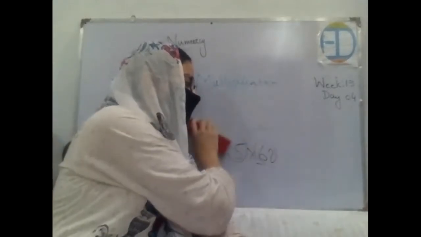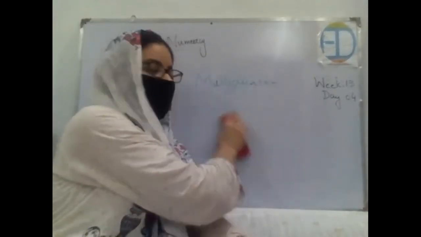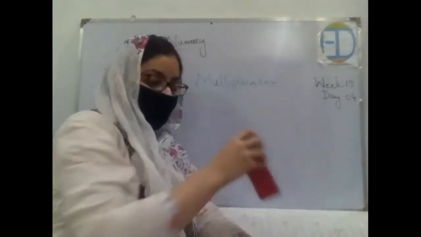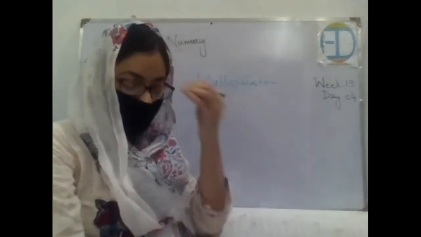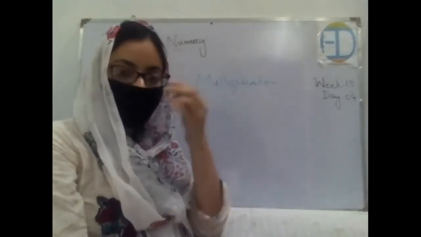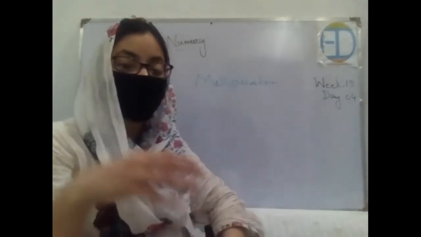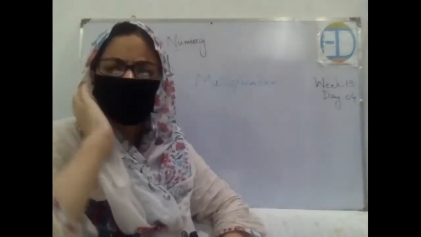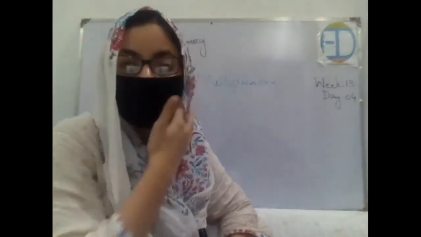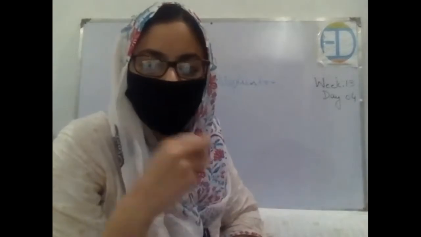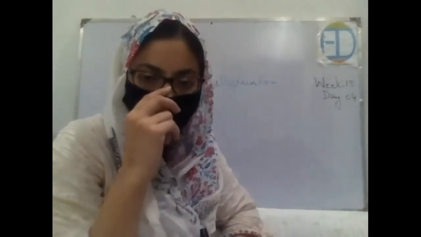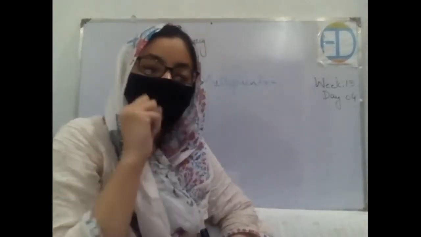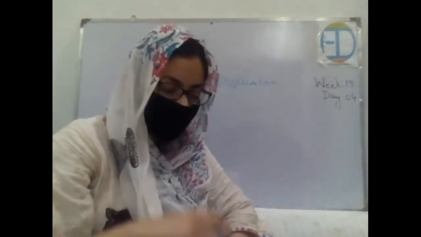So now in today's class, we will be practicing word problems of multiplication. I want you to listen to the statement very carefully and then tell me what would be the data. The practice would be the same as we followed in the previous number operations like addition and subtraction. You are just supposed to tell me what is the data in it, okay?